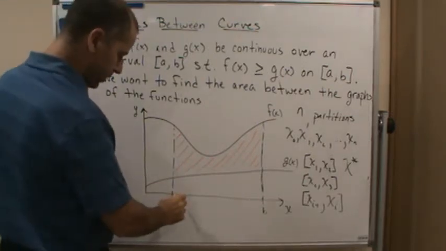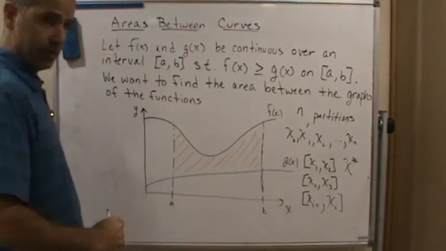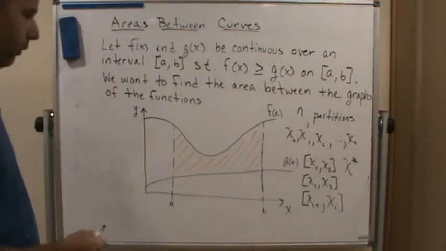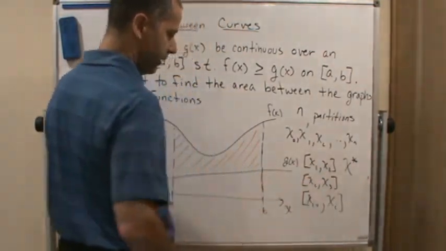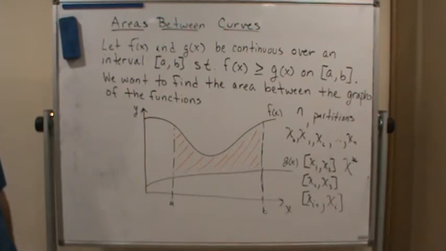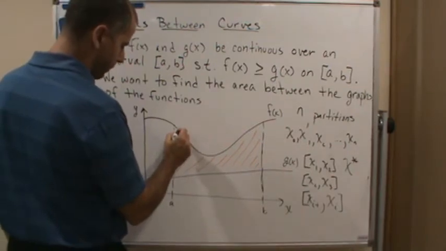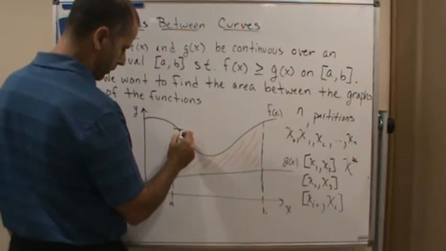So again, we're partitioning this interval into equal partitions, so the rectangles are the same width, and then we're going to pick a sample point x star within each one of these subintervals. And that's going to help us determine the height of these rectangles.